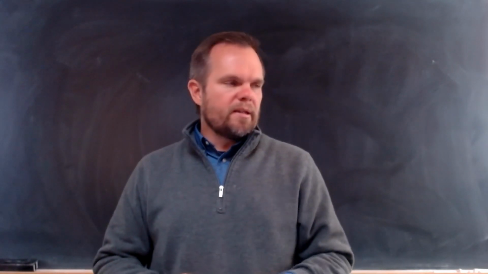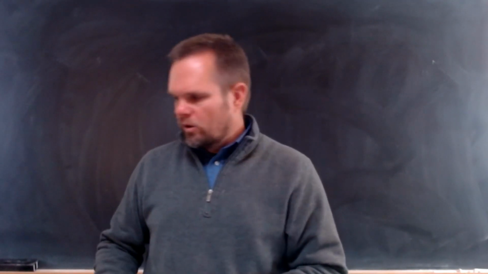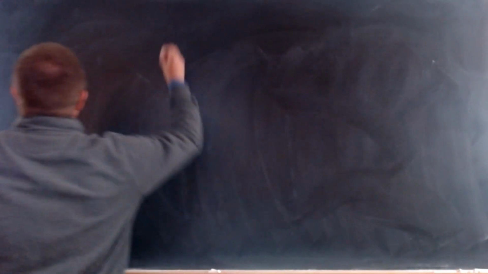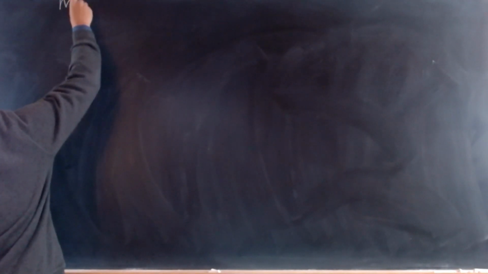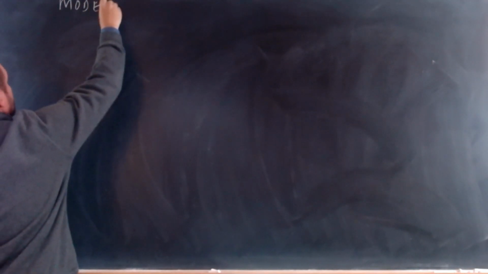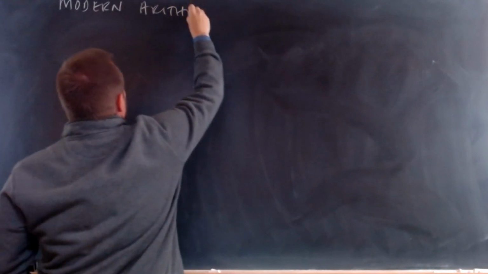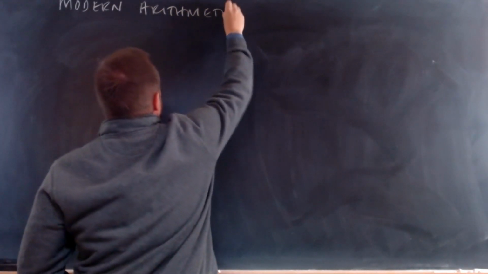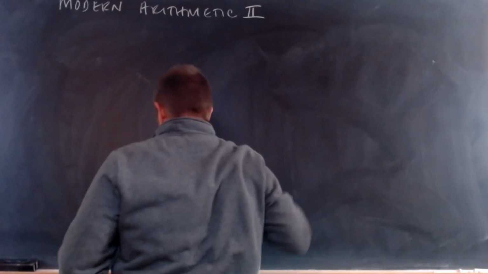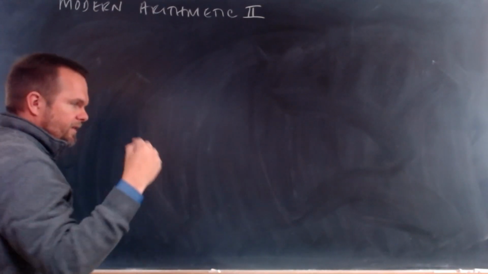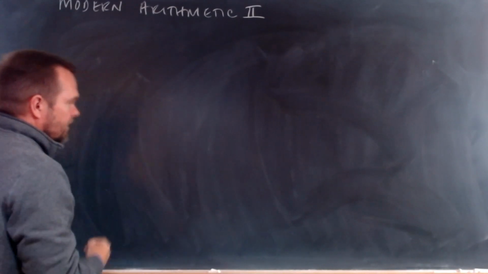So before we begin, let's take a minute and prepare our notes for this class. This is Modern Arithmetic 2. We want to keep reminding ourselves that this is a different kind of arithmetic we're studying.